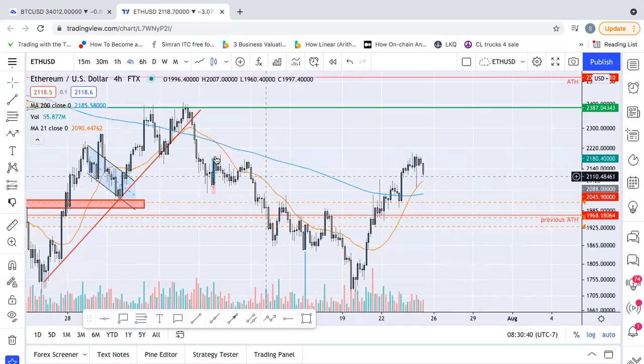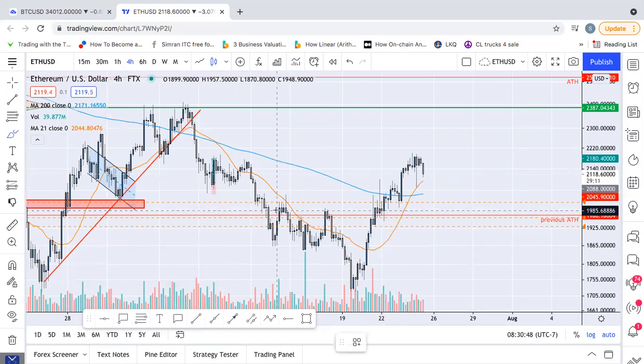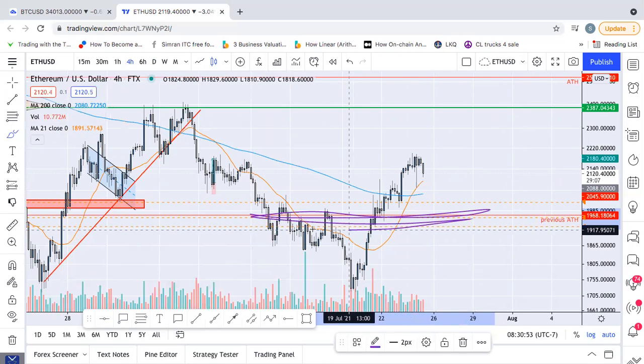So what I see here is I actually see a breakout. I see a breakout here. Why? Because this here was our resistance level, meaning we were hitting our head.